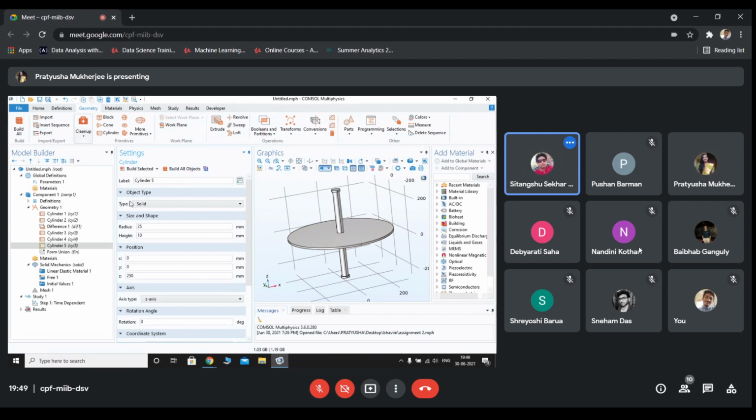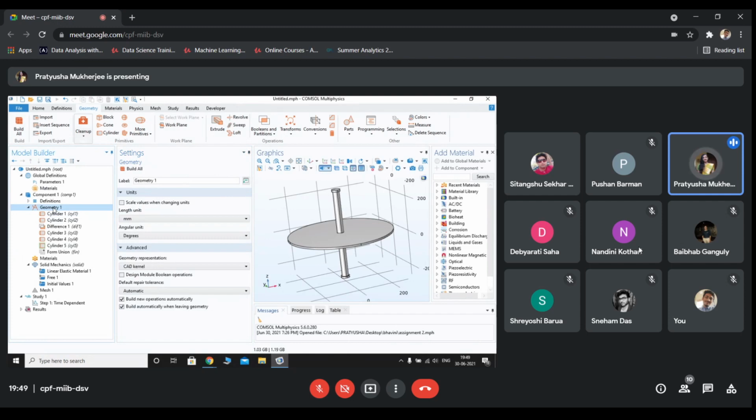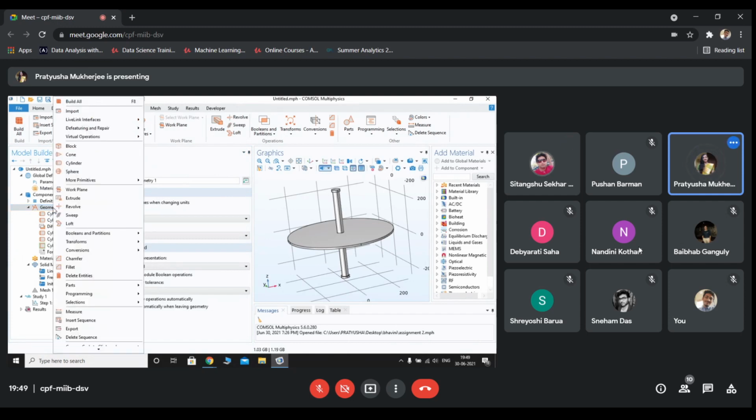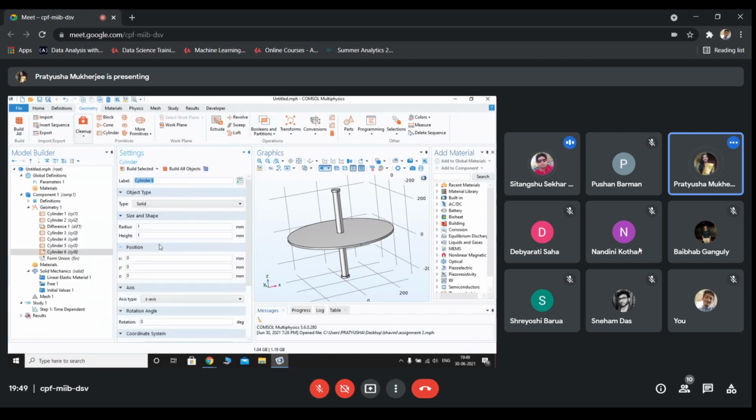Then one more last cylinder, that is the unbalanced mass. Cylinder, radius will be 20 and height will be 5, and x will be 240, y is 100 and z is 10.